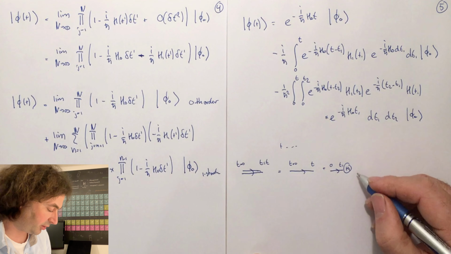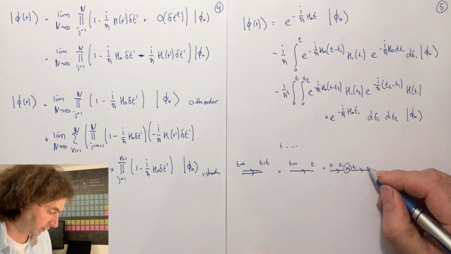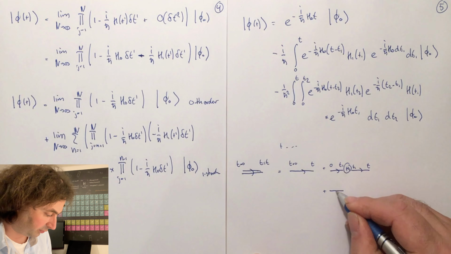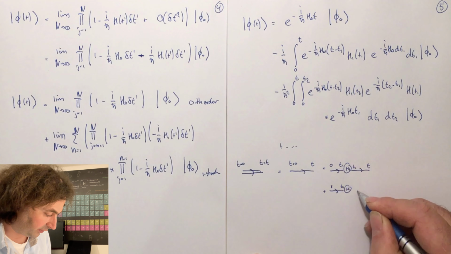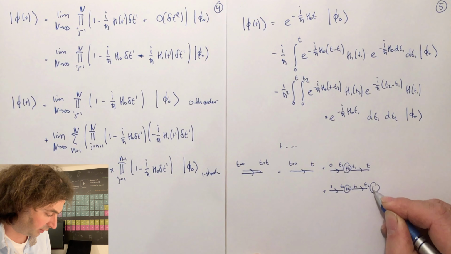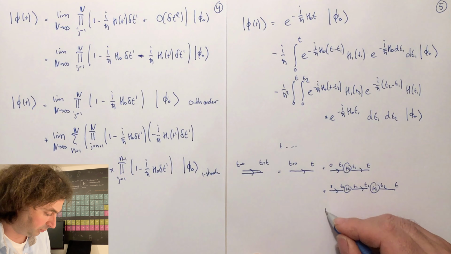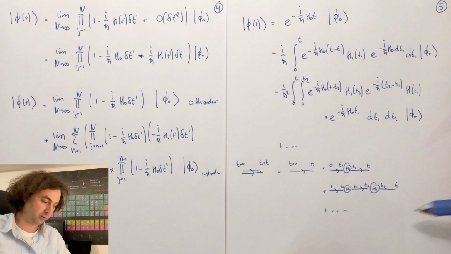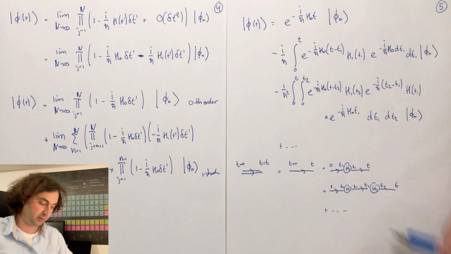Then we have an interaction with H1 at that time, and then you propagate from t1 to t, plus the propagation from 0 to t1, the interaction, the propagation from t1 to t2, another interaction, and the propagation from t2 to t, plus etc. You can have 0, 1, 2, up to infinite interactions in your propagation at different times.